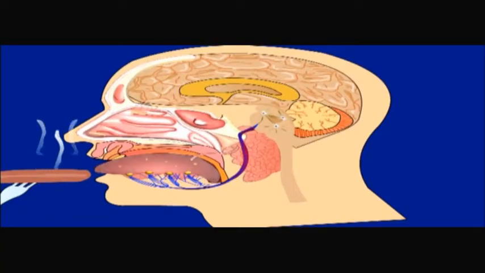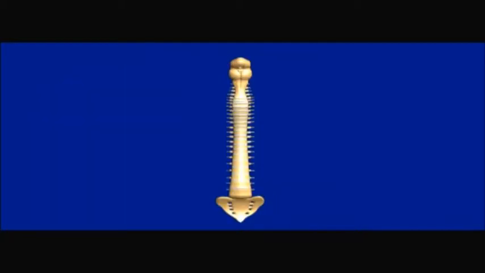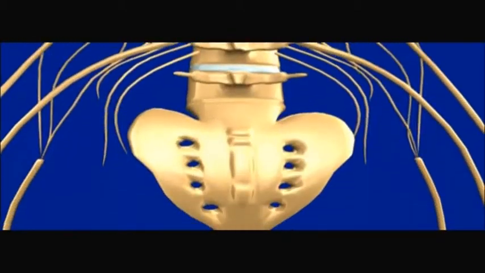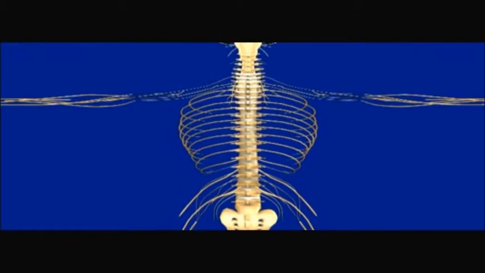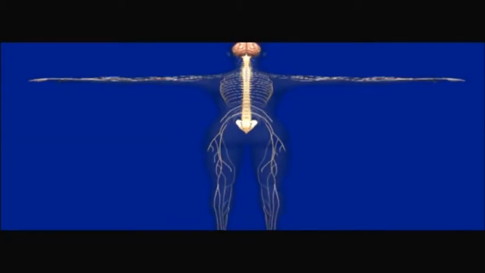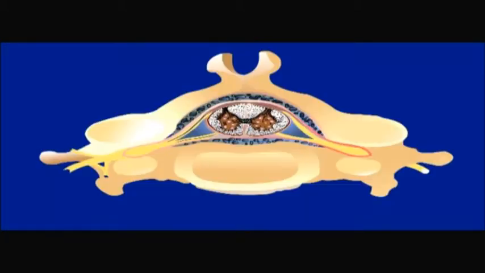And it continues as another important part of the central nervous system, the spinal cord, which is a long and cylindrical structure. This spinal cord passes through the vertebral column, which extends all along the dorsal surface of the trunk.